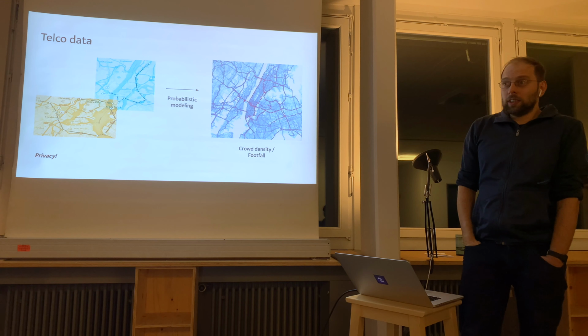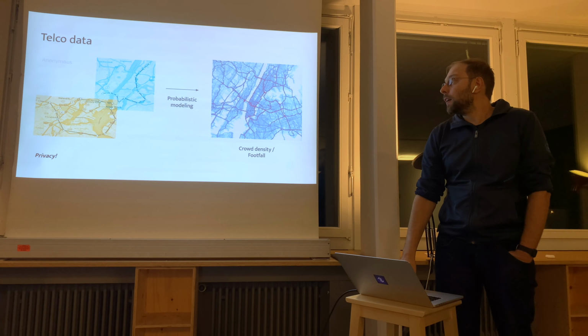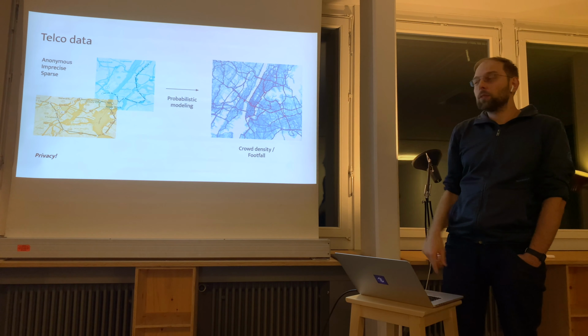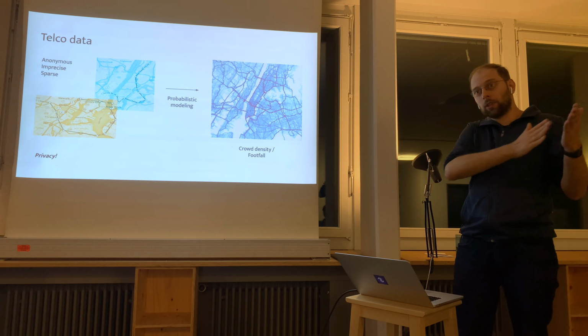And privacy is extremely important. We take it very seriously. Something to note is that the data we're getting, as I said, is anonymous. It's also imprecise. We only know which cell tower people were connected to, so it's a few kilometers in radius. Usually it's also sparse, because events come at random time intervals.